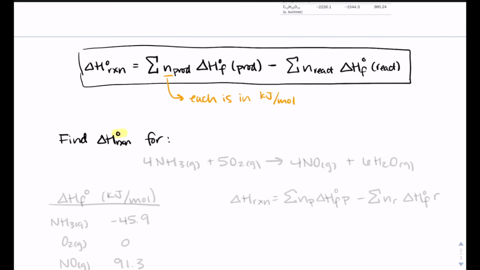So let's try this out for an example. We're going to find the enthalpy of reaction for 4NH3 plus 5O2, turning into 4NO and 6H2O. The enthalpy of reaction I'm looking for, it says delta H reaction with that little 0 circle. That means standard state.